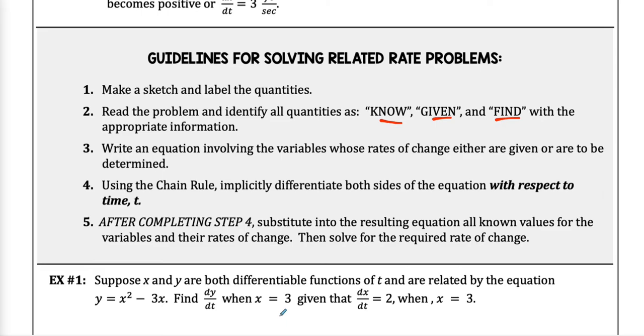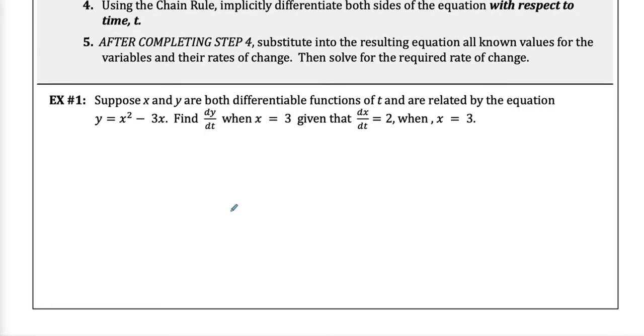It's just meant as a guide to help you navigate your way through all of the information in a problem. So that'll be written down for most of the word problems, but you don't have to fill them out. Like on the AP test, I'm not going to be asking you for know, given, and find. You're welcome to write them down on your own, but you don't have to.